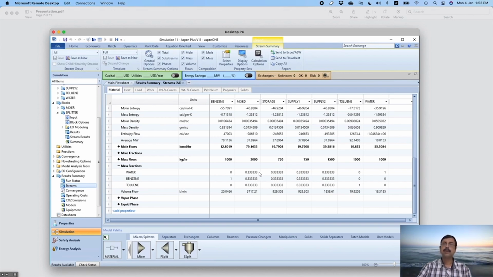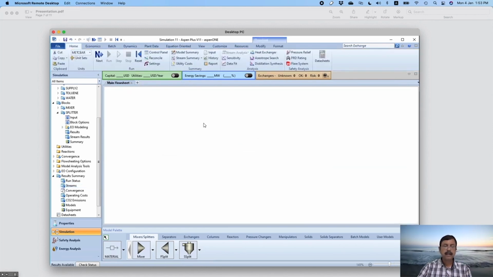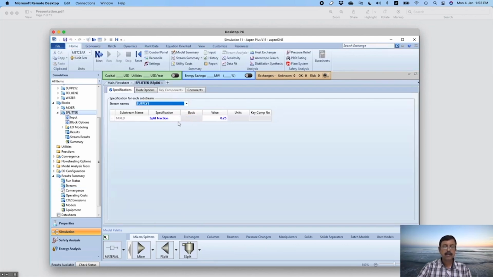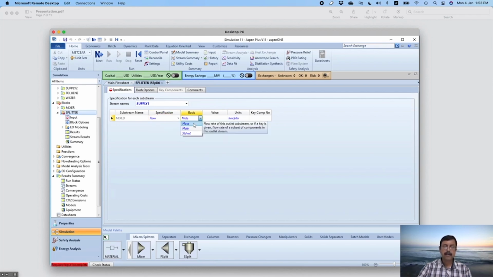Composition cannot change. Similar thing can be done with flow. Instead of split fraction, you can use flow data. For that, you have to give the mass flow rate. So out of 3000, how many kg per hour do you want to give into supply line 1? That is the specification that you have to give over here.